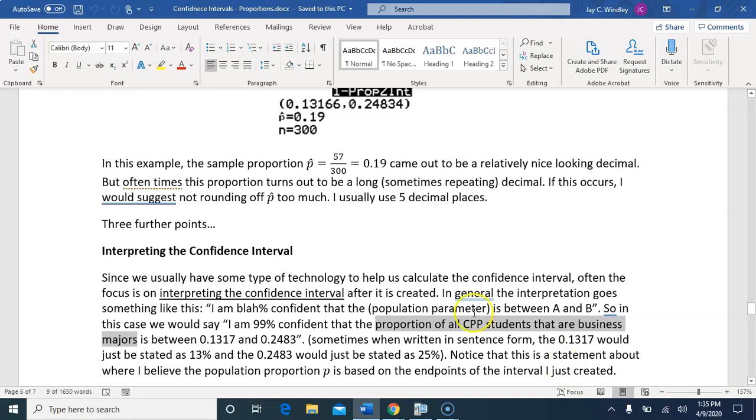And also, this word "all" here is kind of important, because this interpretation should be an interpretation of where I believe the population proportion P is, based on the endpoints of this interval that I just created. I'm 99% confident that the population proportion of all Cal Poly Pomona students who are business majors is somewhere in this interval.